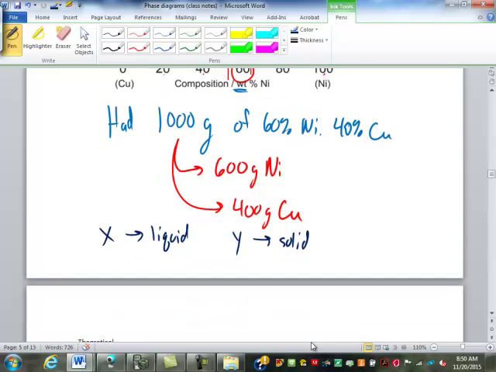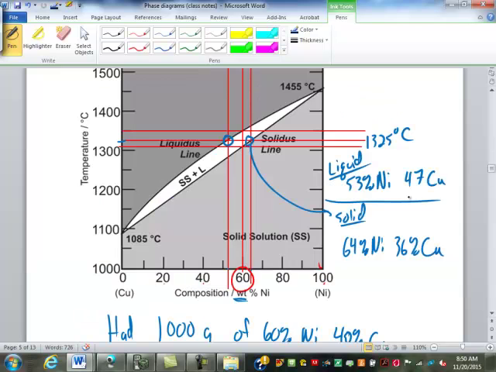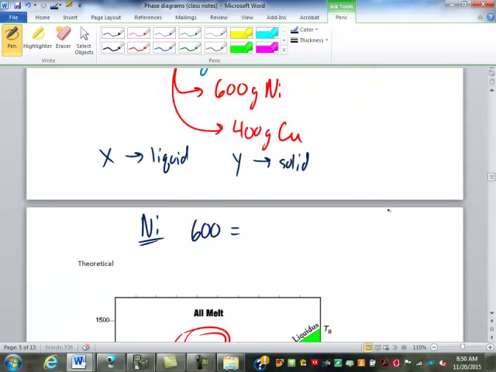So let's do the first equation to describe the nickel. We know we have 600 grams of nickel. The liquid is 53% nickel. So that's going to be 0.53 times X. 53% of however many grams of the liquid are there is going to be nickel.